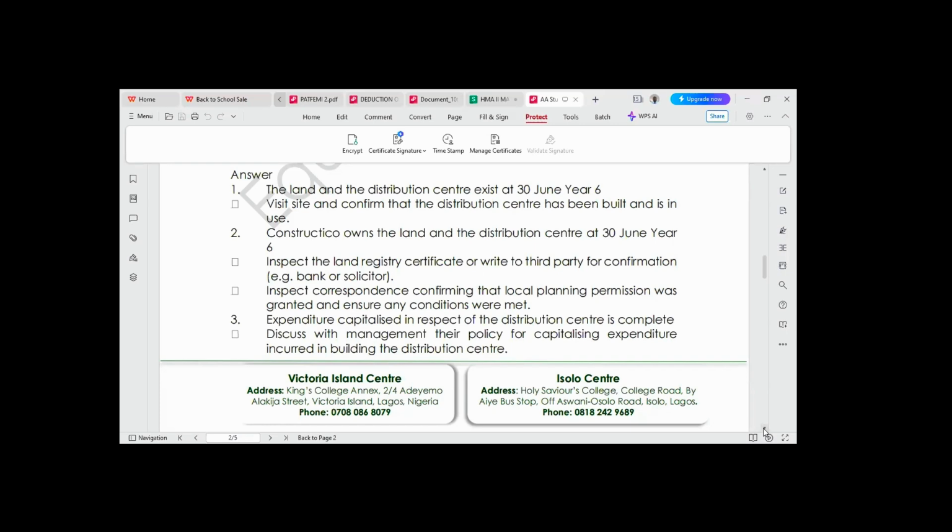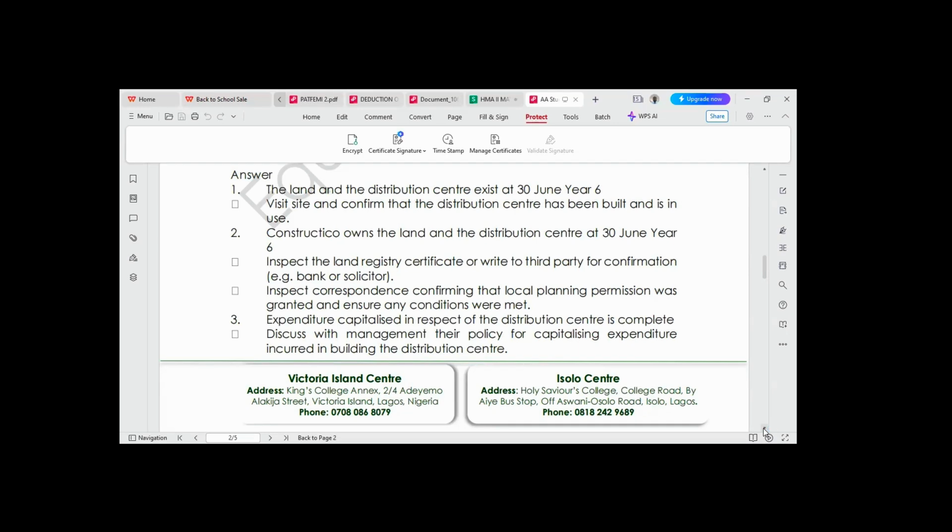The items that those laborers use, if they use safety boots, it should not be capitalized because those ones are consumed. All right, they are consumed, and the number of years that they last might not be as much as that of cement. Cement, once you use it to construct a building, that building can last forever.